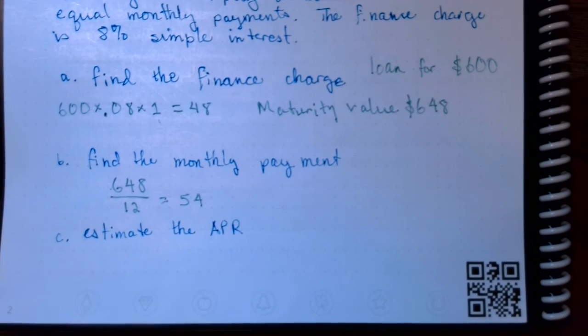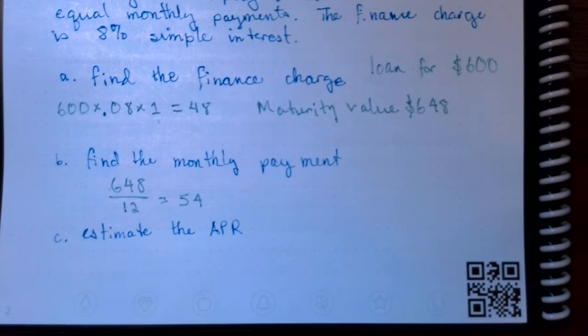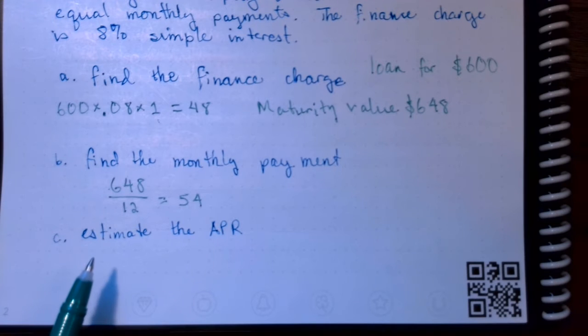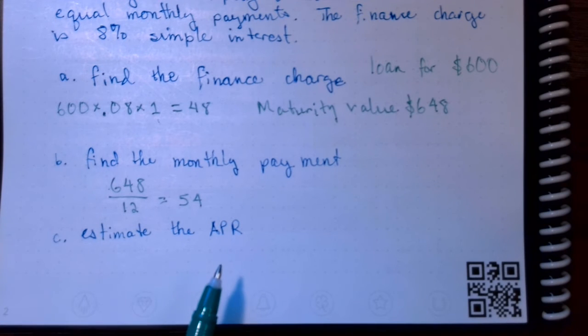Now this is an interesting little comparison. They're asking us to be a little hypothetical and say, let's estimate the annual percentage rate. So we're going to use this formula right here.